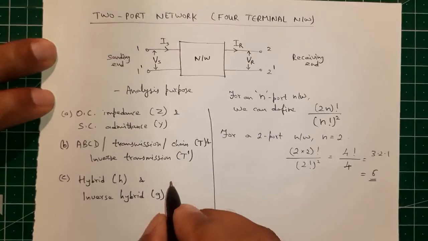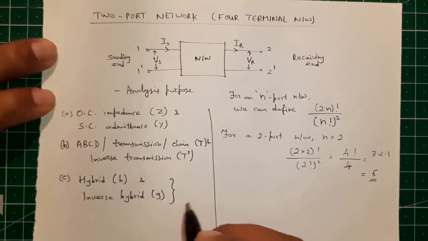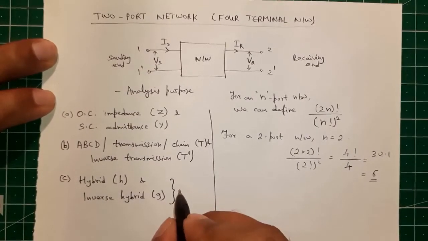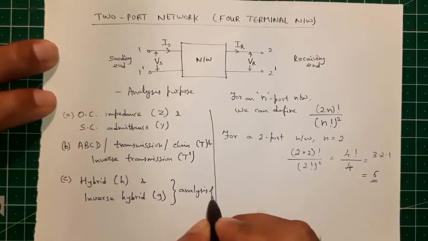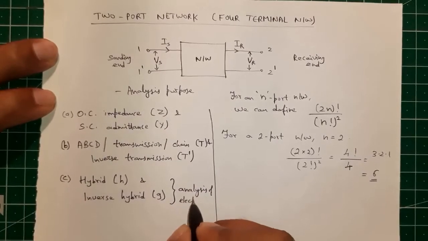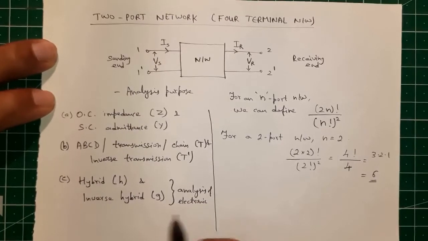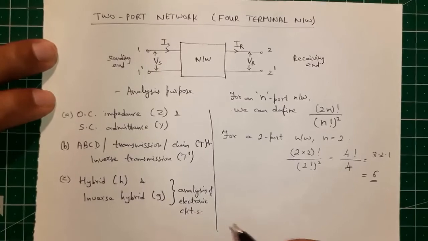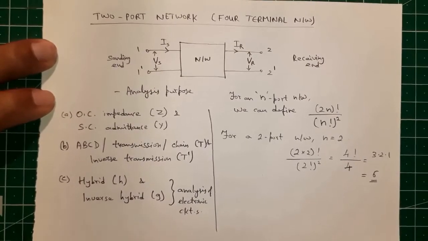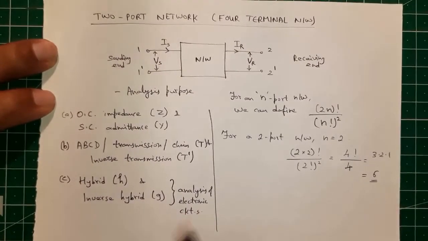These parameters are basically used for analysis of electronic circuits. For example, we must have studied the H parameters of transistors, of a BJT like that.